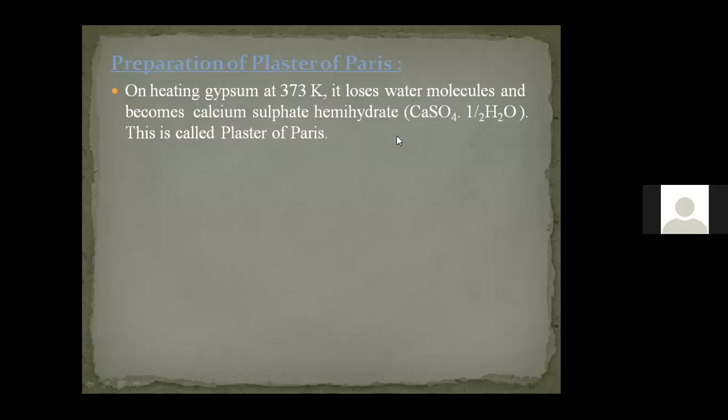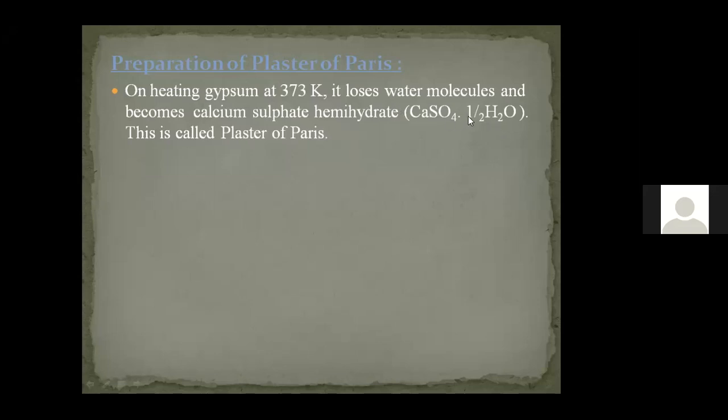So we are heating the gypsum at 373 Kelvin. When we heat it, the water molecules will be lost from the molecule, which means the water will be evaporated from the gypsum, and we will end up with calcium sulfate hemihydrate. Hemi means half, hydrate means water.